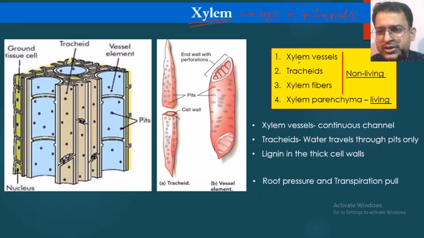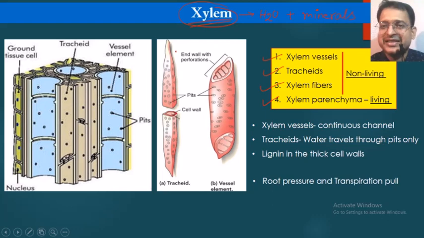This includes the xylem vessels, tracheids, xylem fibers and xylem parenchyma. All these four types of xylem tissue form what we call, in single term, the xylem tissue.